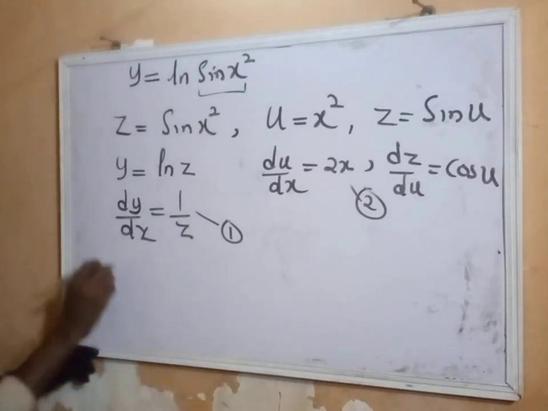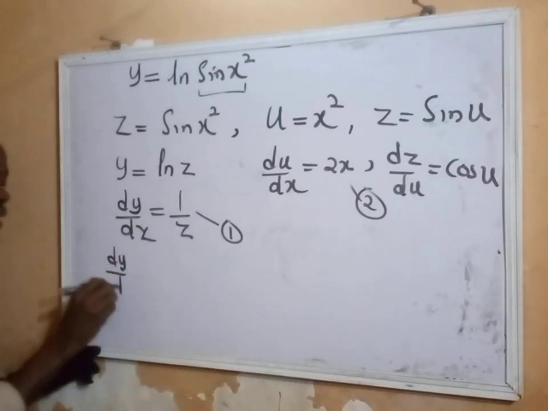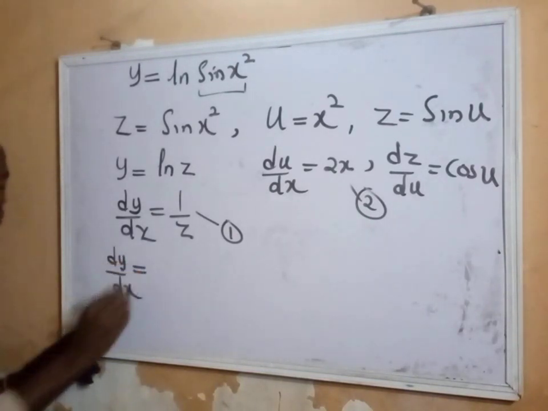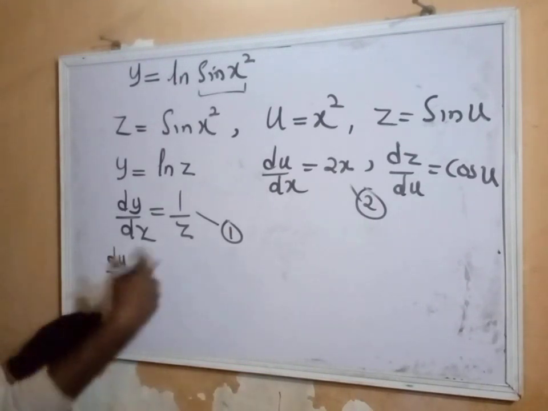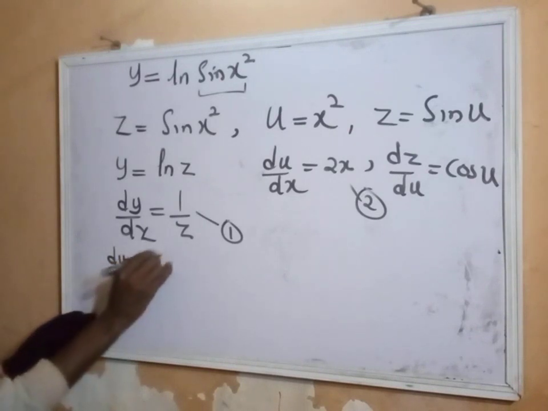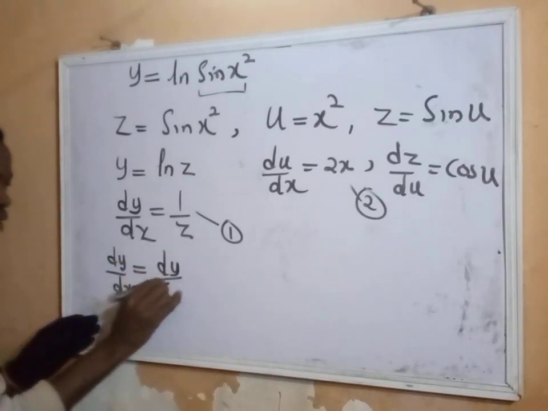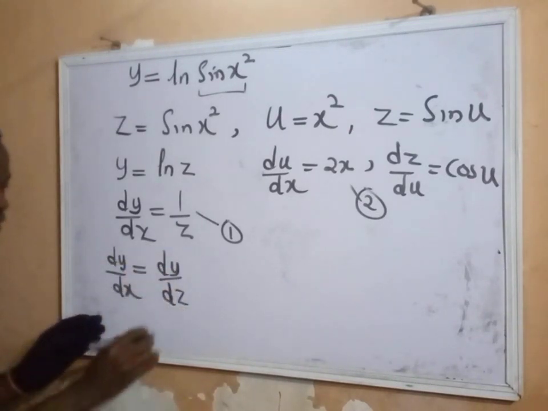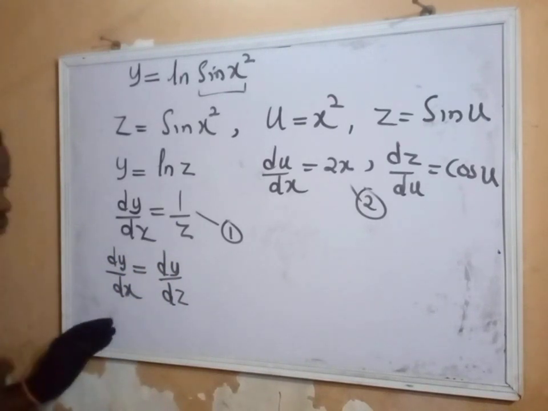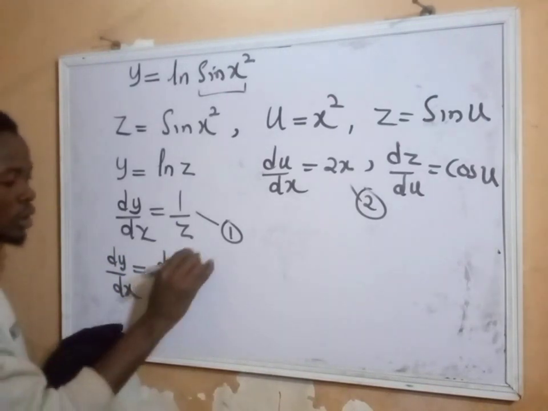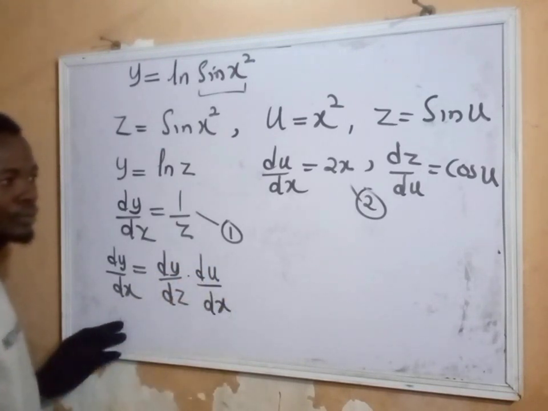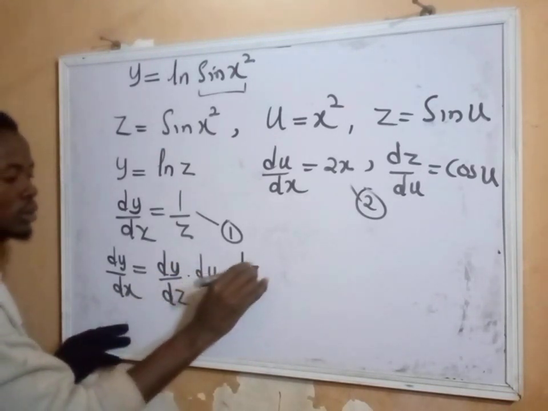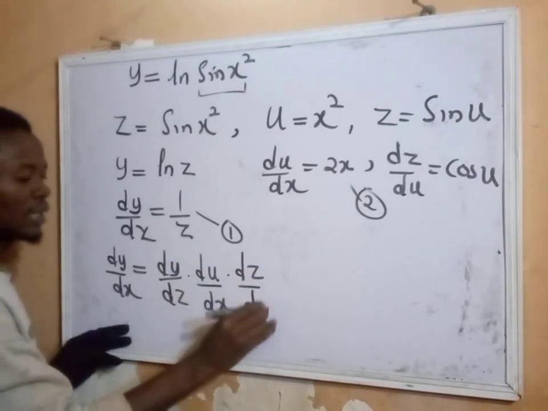To do that, apply this formula. Remember your aim is to get dy/dx. Just multiply everything. You are going to have dy/dx equals dy/dz dot du/dx dot dz/du.